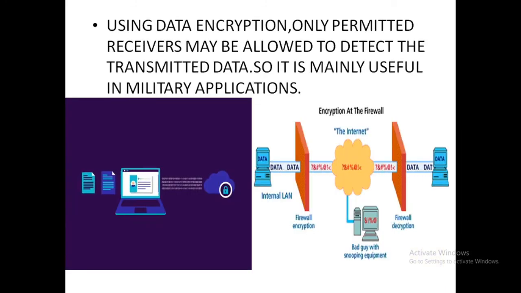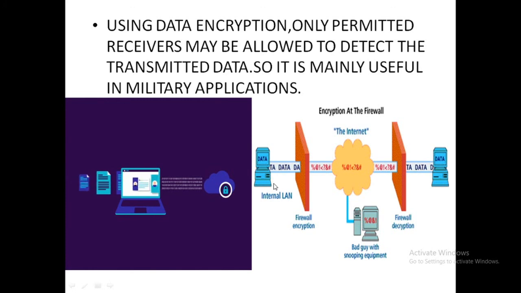The next advantage is that it is the most secured transmission, because using data encryption only permitted receivers may be allowed to detect the transmitted data. So it is mainly useful in military applications to transmit the data. While transmitting, if any hackers or any bad guys track the information at the communication channel, they cannot retrieve the data, because at the transmitter side we are using different encoding techniques.